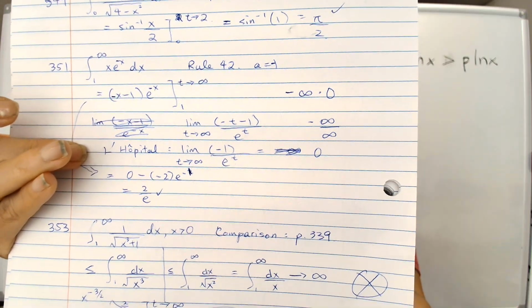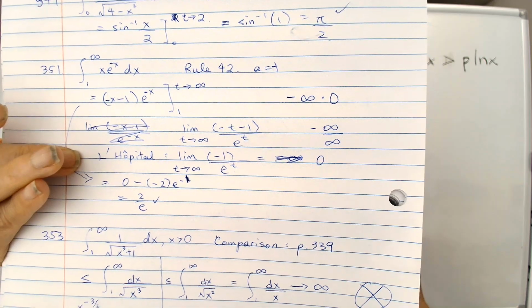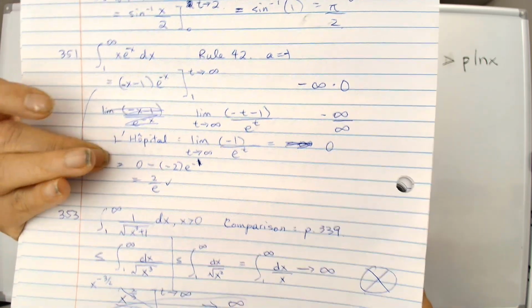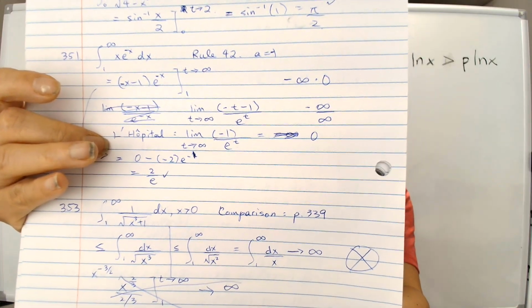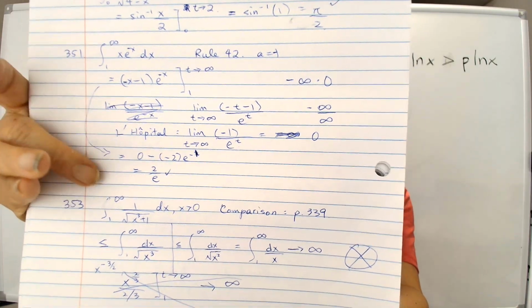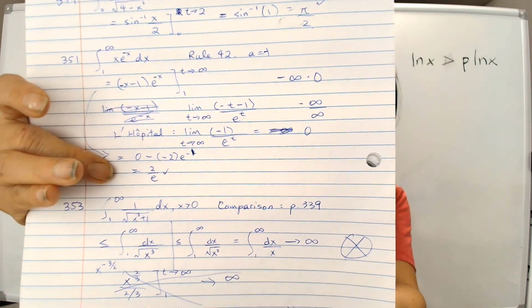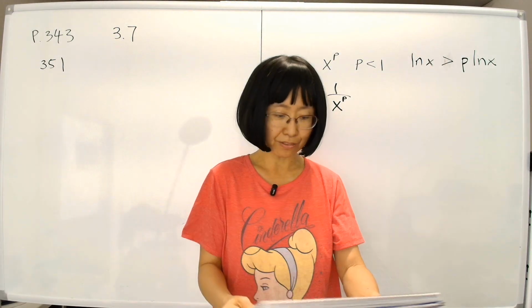Now remember, L'Hopital's rule only works if it's infinity over infinity or 0 over 0. Any other situation does not work. So you apply L'Hopital's rule and get the answer. What's the answer? The answer is right here. When you plug everything in, it does converge, and everything works out nicely. So that's problem 351.